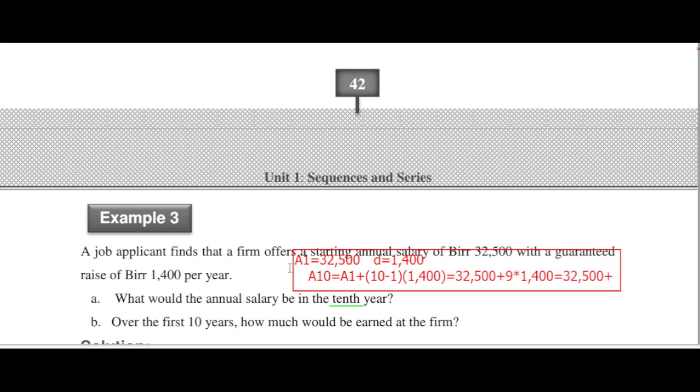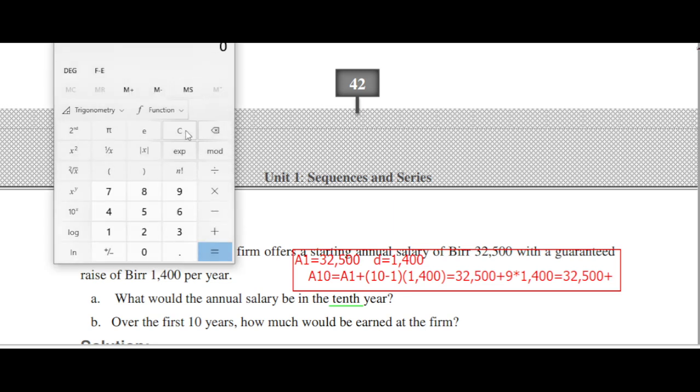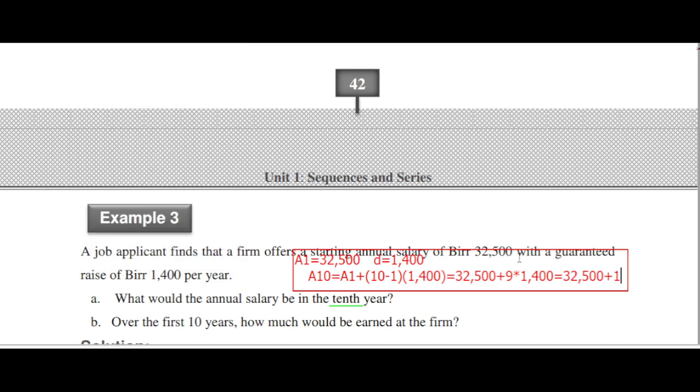Let's multiply 9 by 1,400. 9 times 1,400 is equal to 12,600.